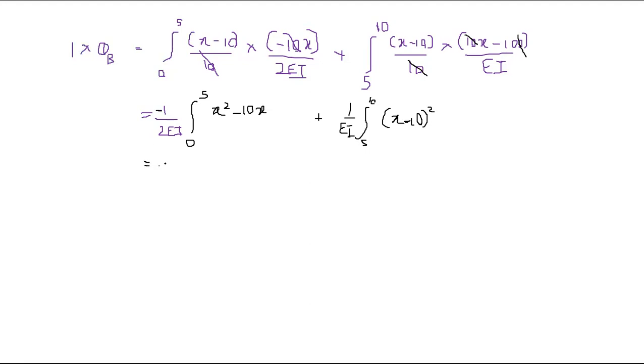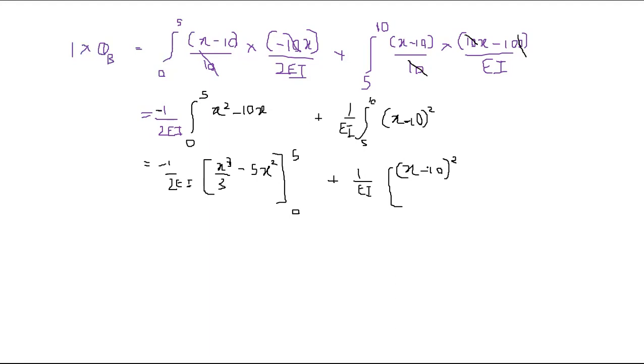And this is 2EI, x cubed over 3 minus 5x squared. So x squared over 2, that's going to be 5x squared. This is going to be the same integral as it is, to 10, right?